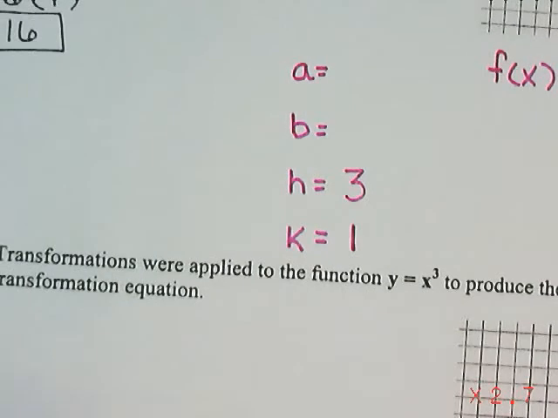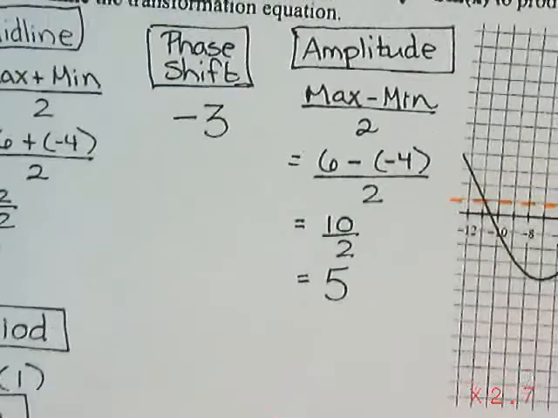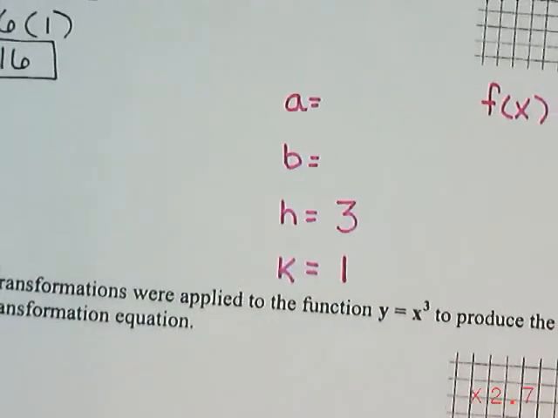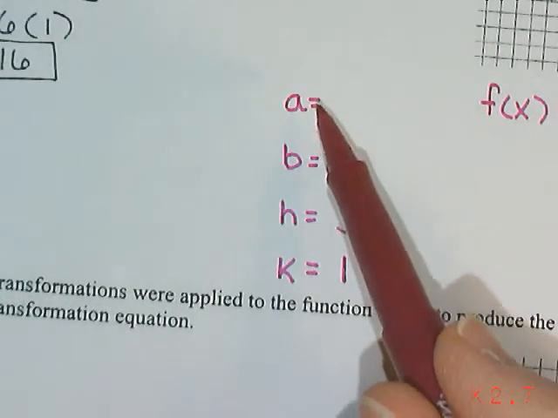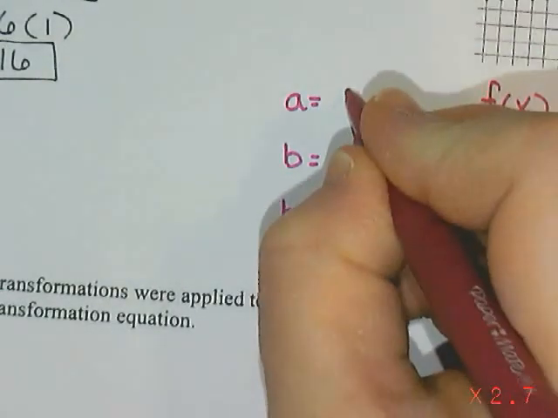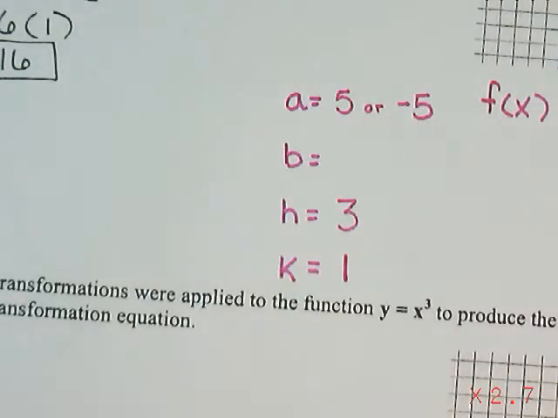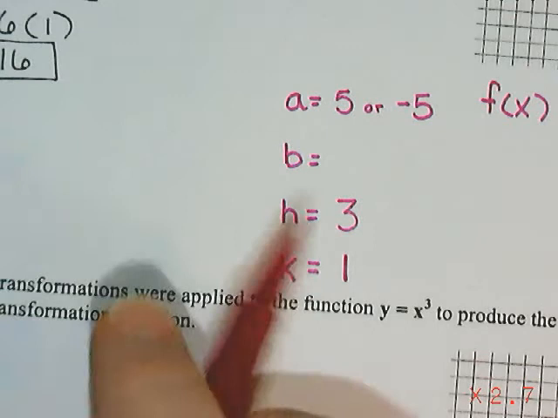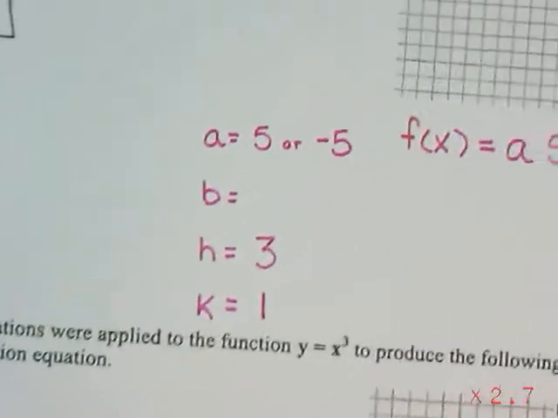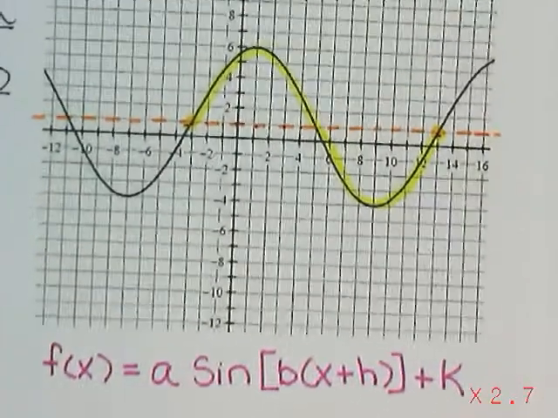Now the amplitude, I said, was 5. Now, depending on the cycle I chose, A is either 5 or -5. It's one or the other. And I can tell by looking at the cycle that I chose on my graph.